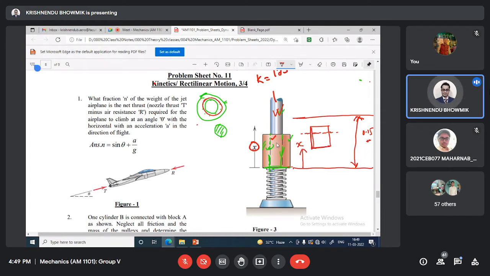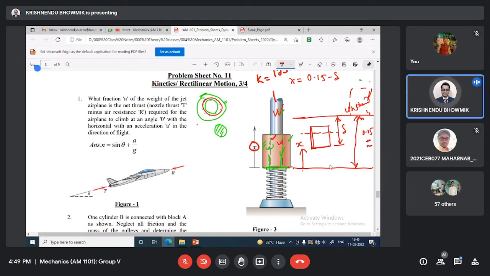Initially this is unstressed, actually it was initially like this. Then I move here up to this 0.15 meter. Then I release. And sometime later it is at this distance x, and this is say delta at that instant. Then x is basically 0.15 minus delta.